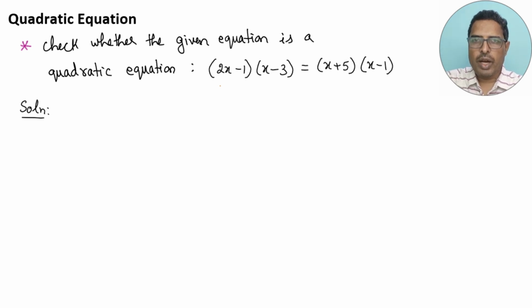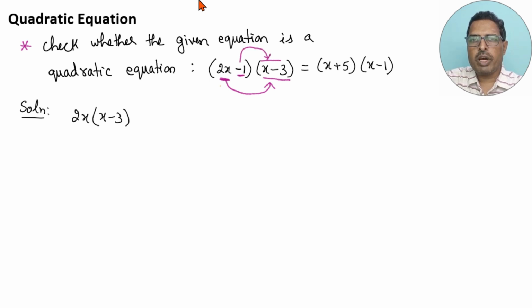Okay, in this question we have (2x minus 1) times (x minus 3). Let us try to multiply this one. Let me keep this 2x as it is and multiply this 2x with x minus 3, so we get 2x times (x minus 3). Then you multiply this minus 1 with x minus 3.